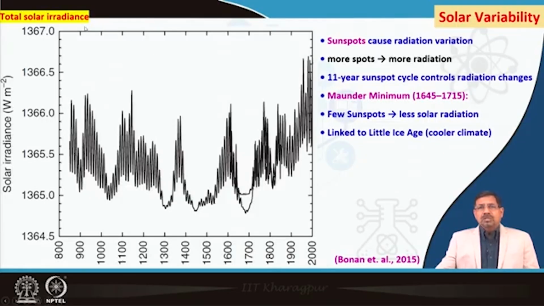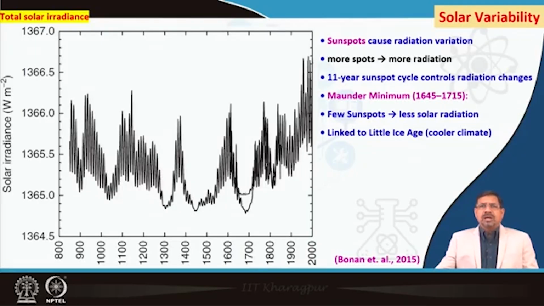So more solar or sunspot activities, more radiation, and fewer sunspot activities, less radiation. So the Maunder minimum explains that during the phase of 1645 to 1715, there were very few sunspot activities. That is why that time is linked to the little ice age. So that has led to a relatively cooler climate.